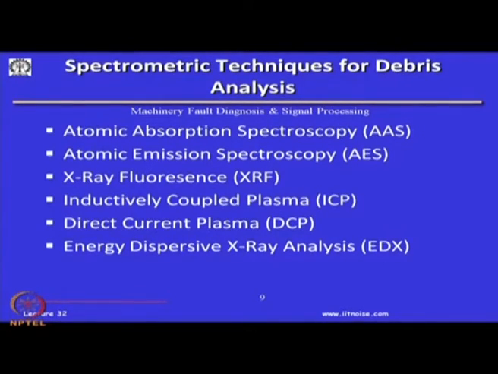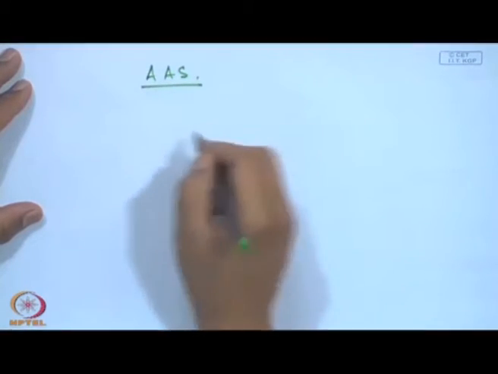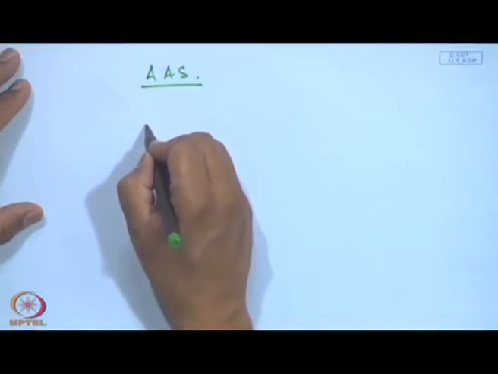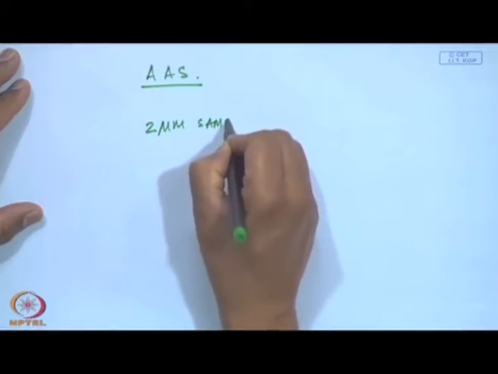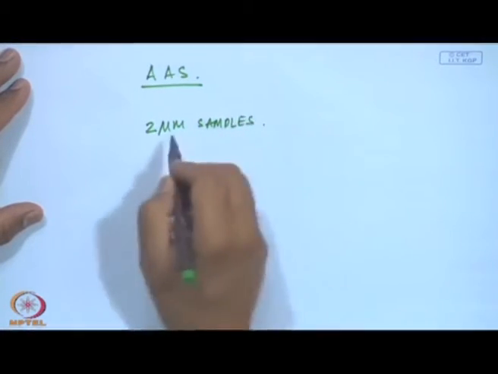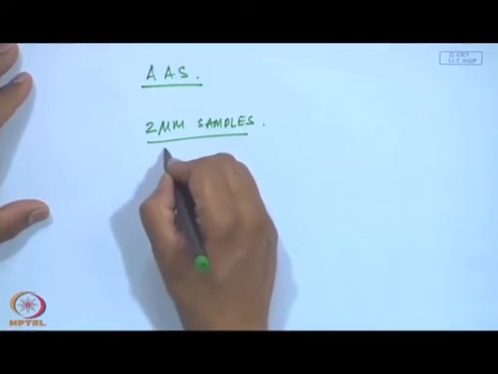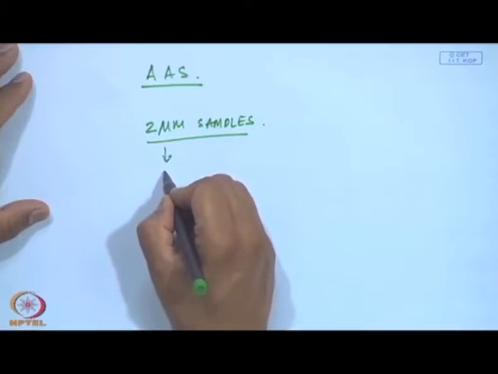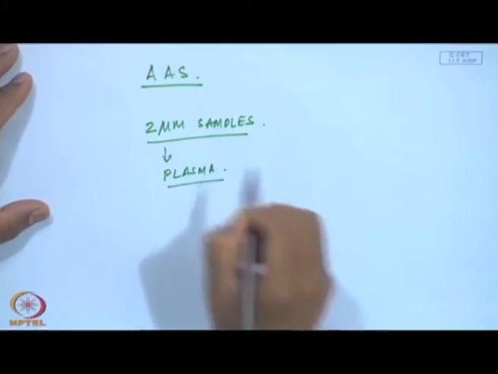I will just tell you briefly about one of them, the atomic absorption spectrophotometer. What happens is, these 2 micron samples are heated to such a high temperature that we have a plasma coming out of it.